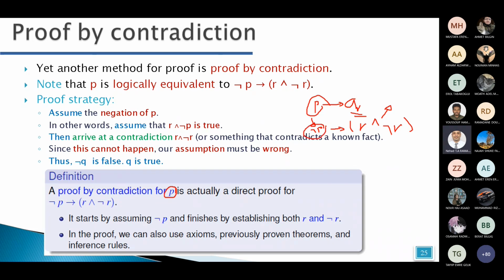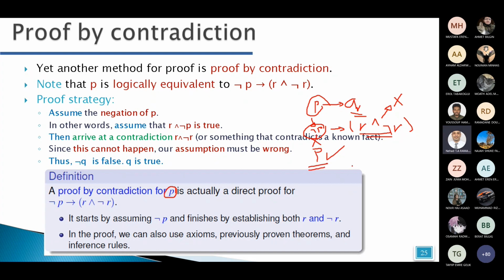If we start with not P and reach this impossible result, then our assumption from the beginning is not true, then not P is not true, then P is true.